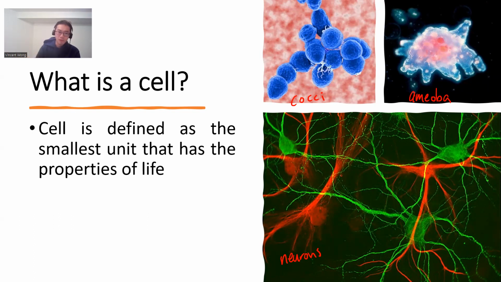So even though the cells look very different, fundamentally they are the smallest unit that has the properties of life. We learned about the properties of life in the first lesson: they have organization, there is a requirement of energy, they are able to reproduce, and they are able to maintain homeostasis. All the things that we talked about still exist on a single cell level.